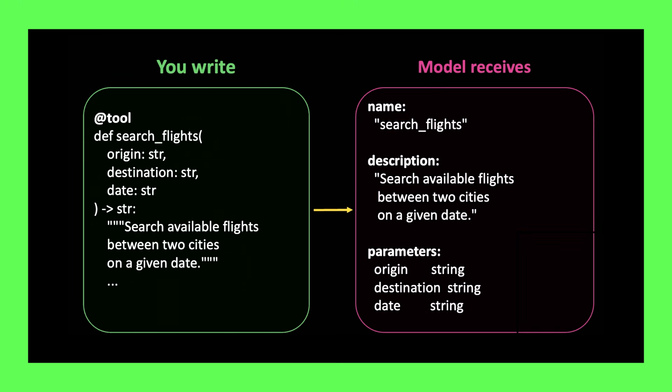To understand where those tokens come from, you need to see what a tool actually looks like to the model. In Strands Agents, you write a function with the tool decorator, a name, a description in the docstring, and typed parameters. Strands takes that and generates a schema: name, description, parameters, and that schema is what goes into the context window on every call.